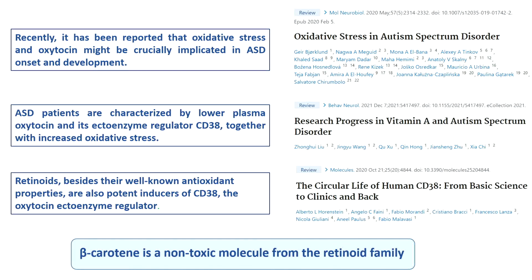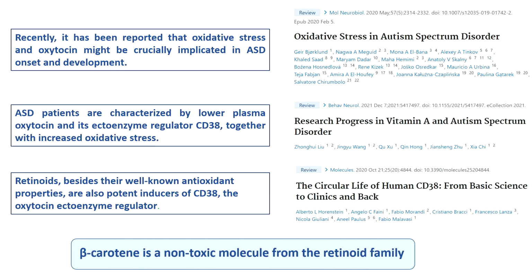we tried to explore the activity of beta-carotene, which is an antioxidant molecule, but also a potent inducer of CD38, that is an oxytocin ectoenzyme regulator. Why this?